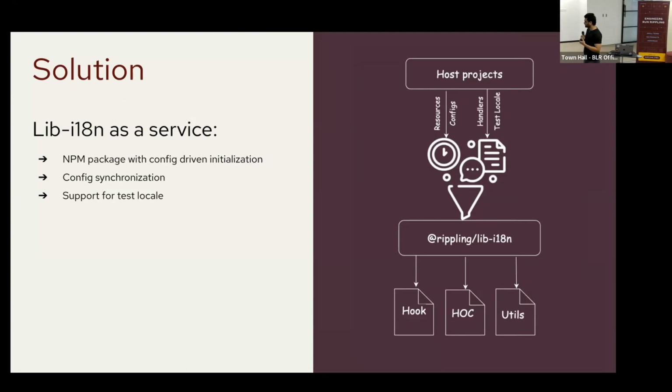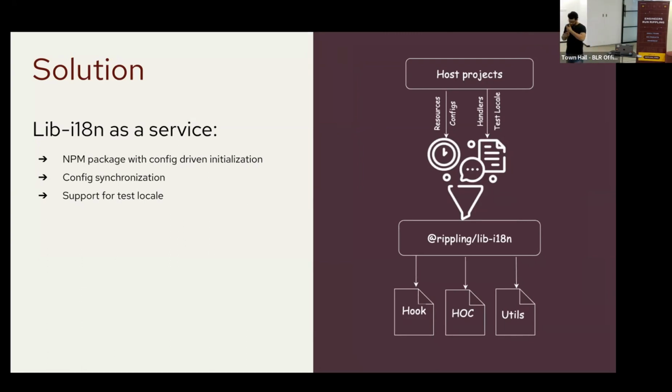Once you have that, you can use the hooks, HOCs and utils from this library to incrementally enable internationalization in your modules. Similarly, we also offer some test locales which you can turn on and off to keep track of which strings have been externalized and which have not.